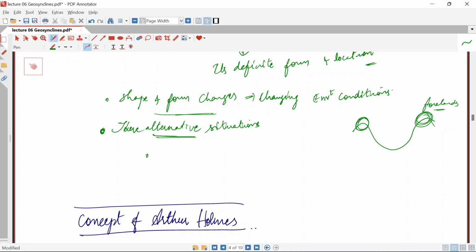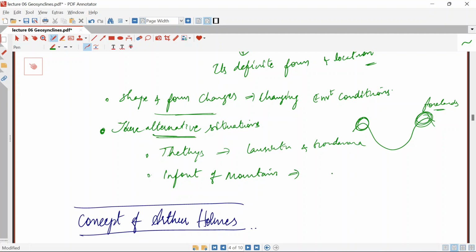For example, the Tethys Sea between Laurasia and Gondwana is one example, and the other is in front of mountains.